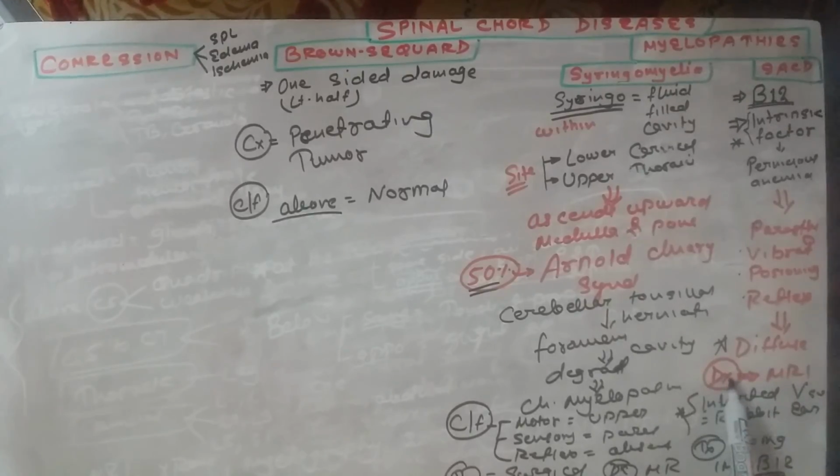For the diagnosis you send for the amount of vitamin B12 along with MRI, and MRI will show you the inverted V sign or rabbit ear sign. For the treatment we go for replacement therapy of vitamin B12, usually started at a dose of 100 mg IM.